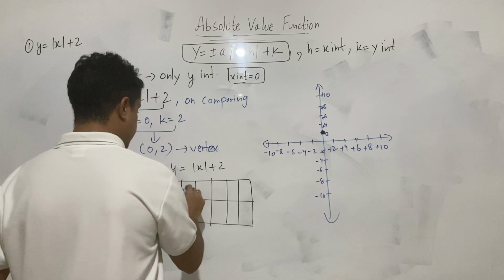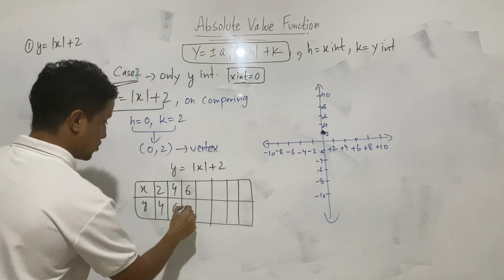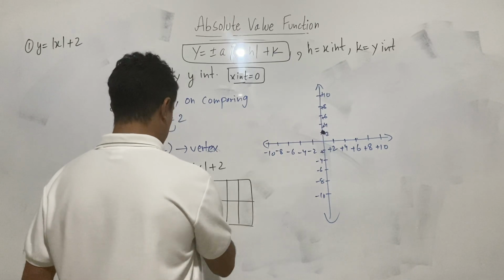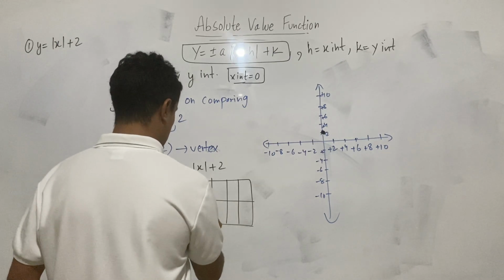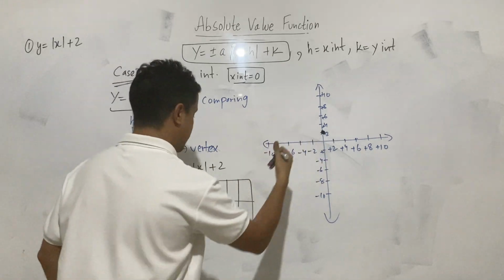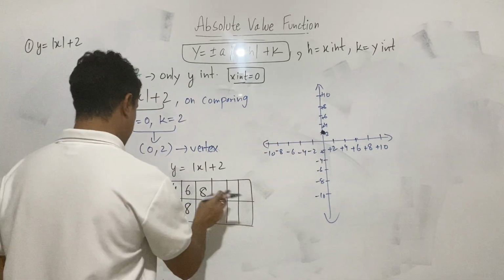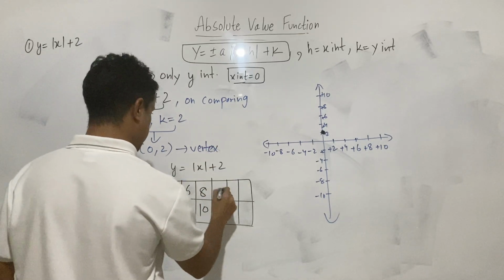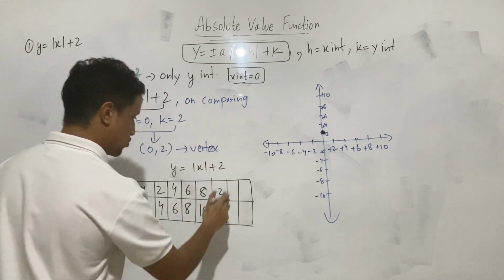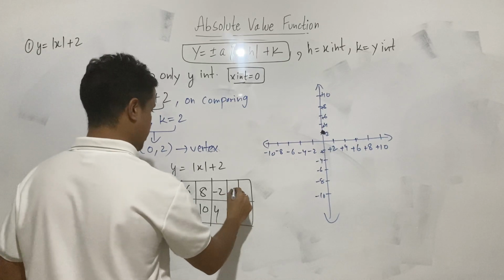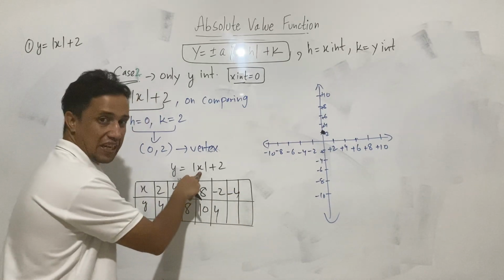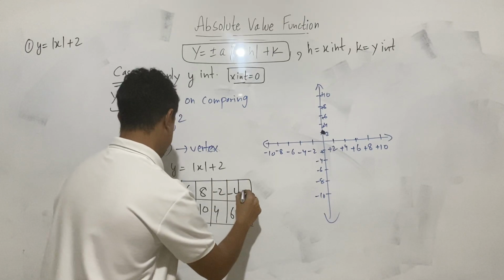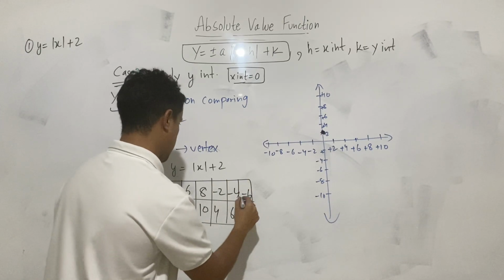For 6, plus 2 is 8. For 8, plus 2 is 10. You can do the same for negative values, right? So here for 0, 2; for minus 2, 2 plus 2 is 4; for minus 4, see here, the modulus of minus 4 is positive 4, 4 plus 2 is 6; for minus 6, it's going to be 8.